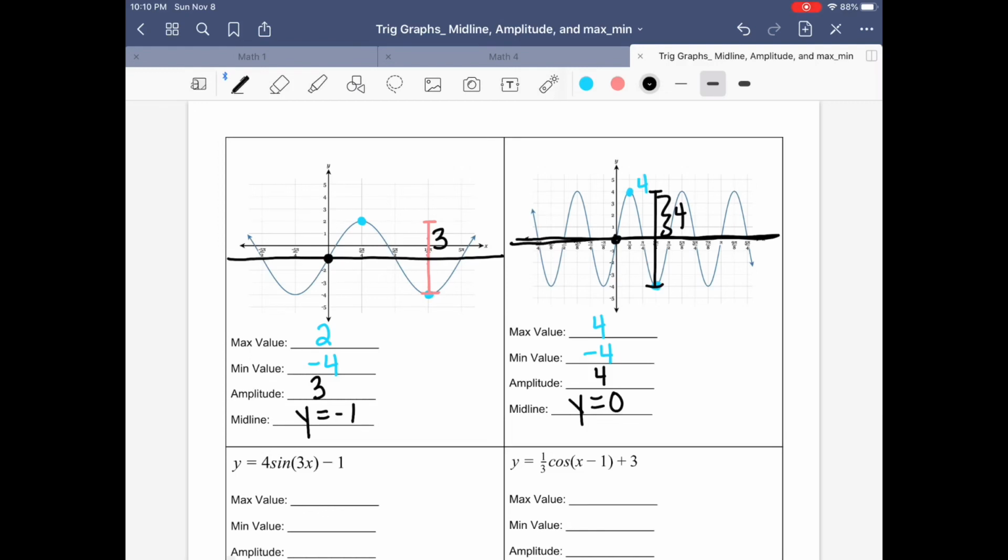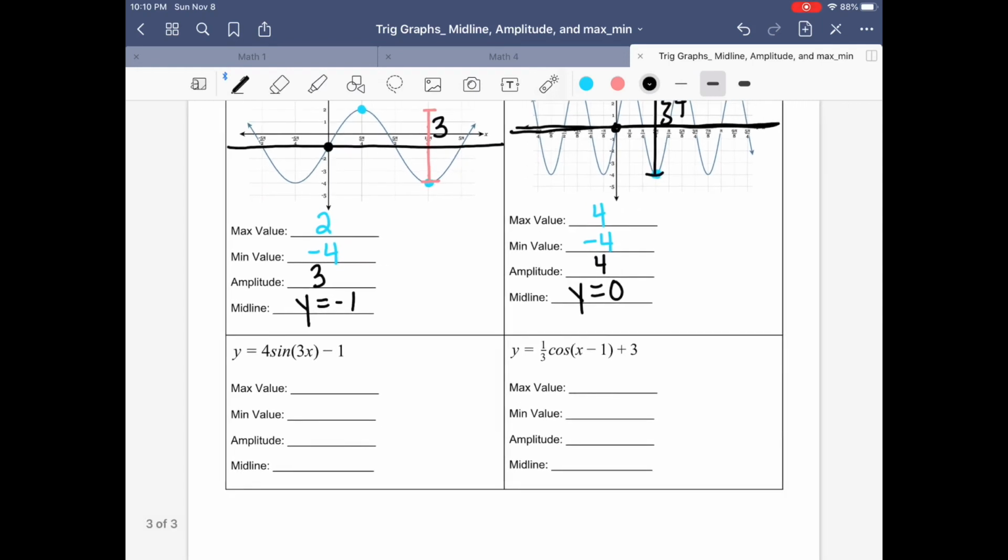Now, what happens if we're given the equation? So if we're given the equation, we can still find these pieces. And actually, it's a lot easier to find the midline based off the equation. And we can find the amplitude based off the equation. So remember, amplitude is the absolute value of A. So my A in this equation is 4.